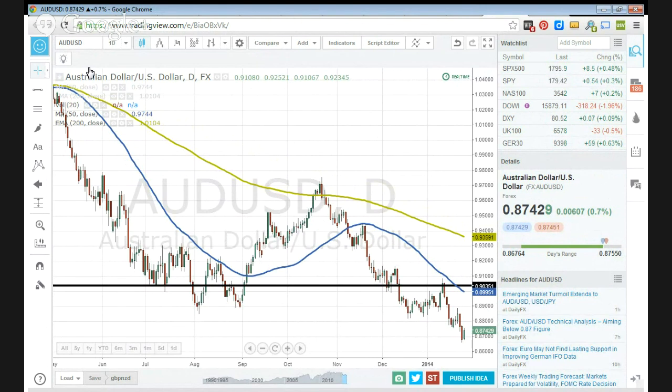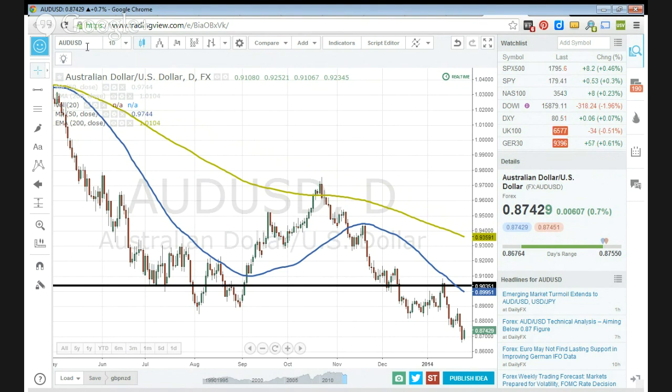So I want to be careful with my risk exposure, and also diversify not only across currency pairs, but also across time. Perhaps tomorrow or later in the week, I can enter an Aussie dollar pair as well.